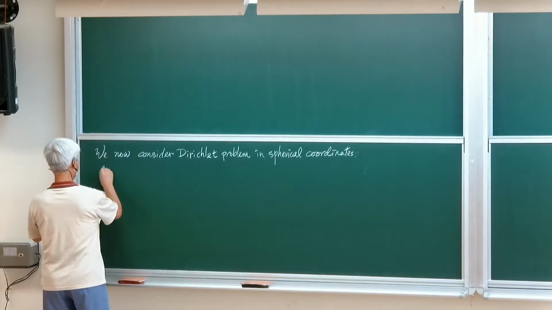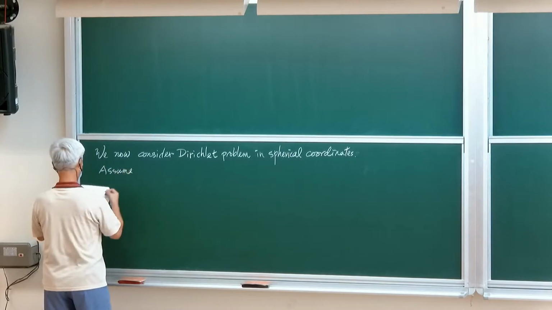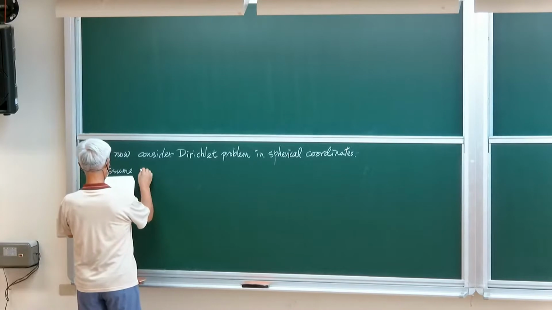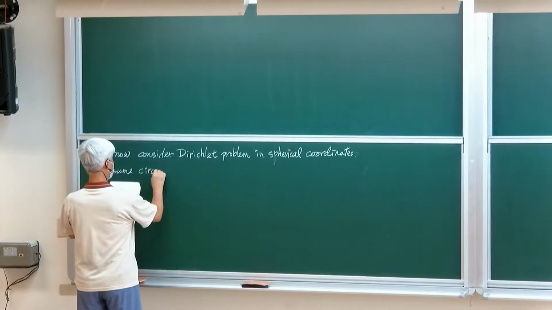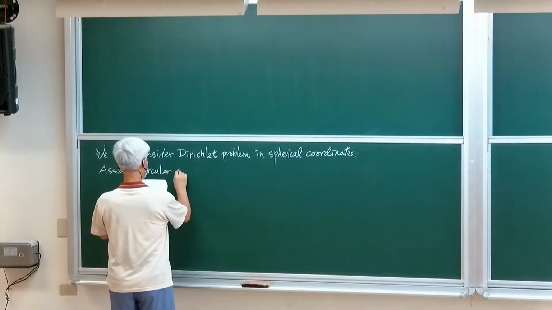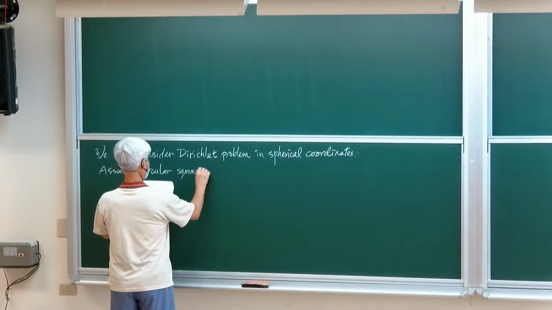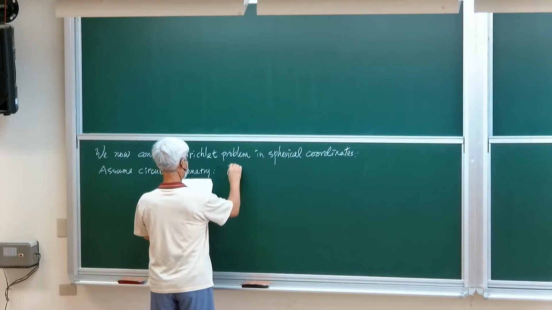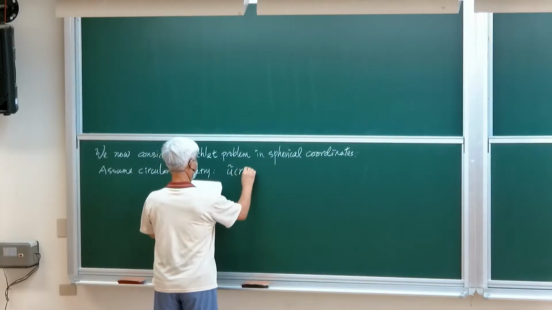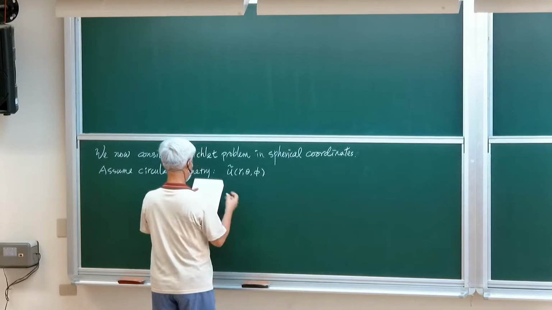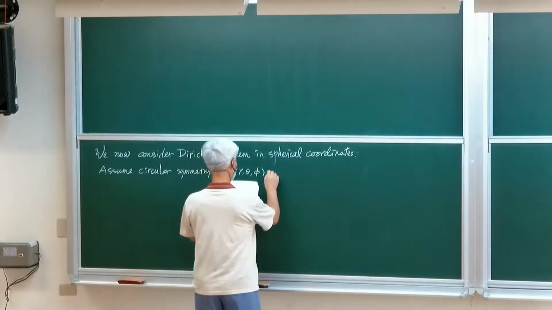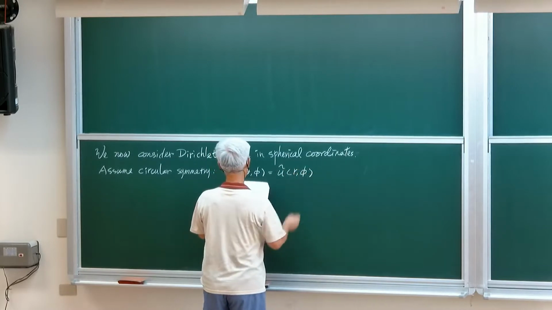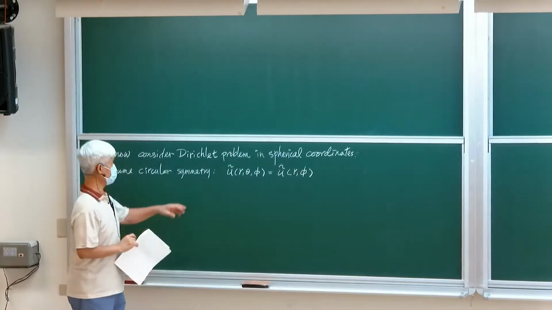So we assume circular symmetry, which means that U tilde of r, theta and phi is equal to U tilde of r and phi.